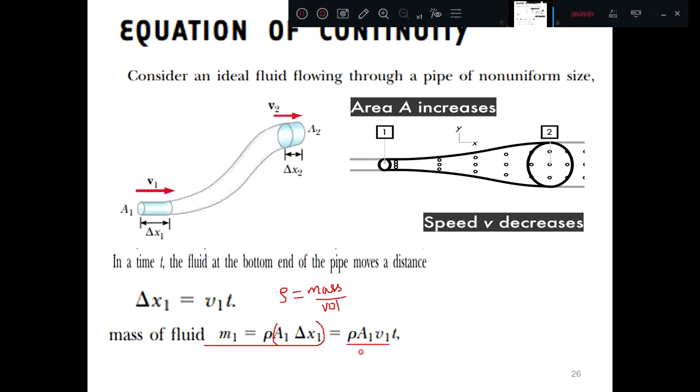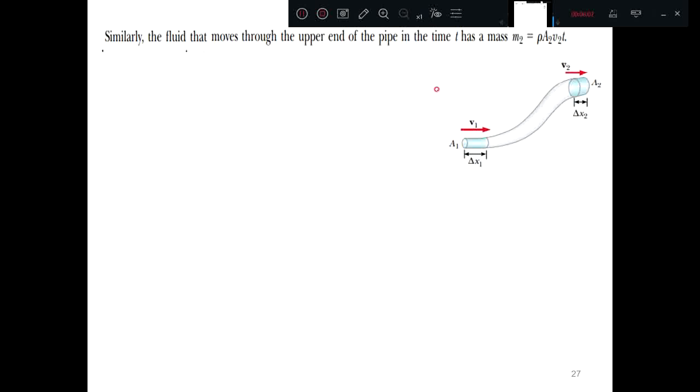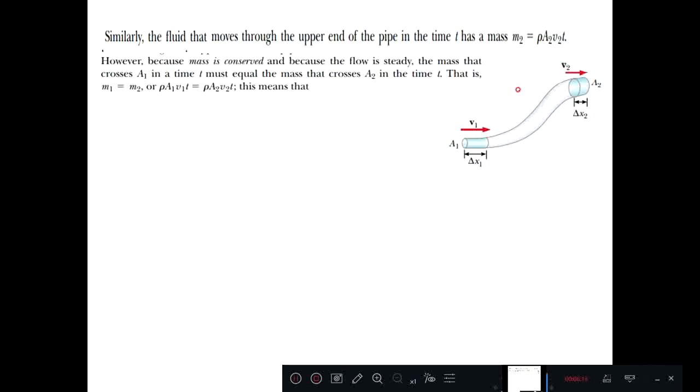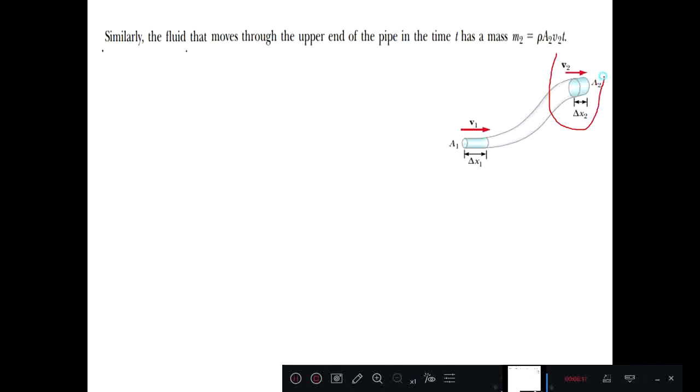Similarly, the fluid that moves through the upper end of the pipe in the time t has a mass m2 at this region. The fluid is passing at this region. The mass here will be rho A2 V2 into t.